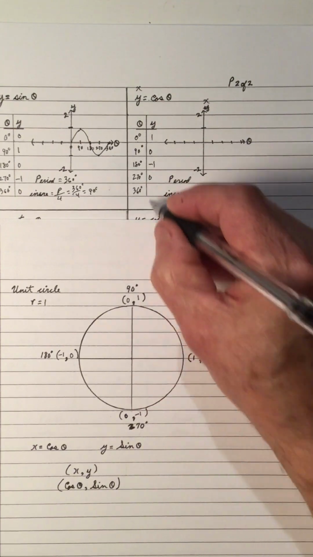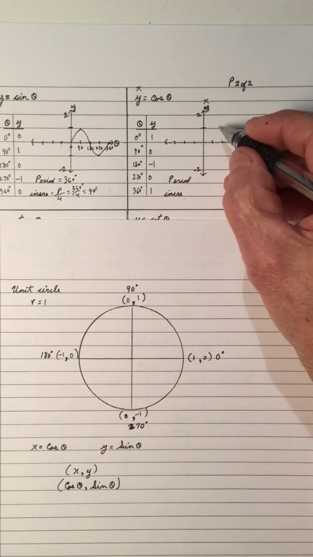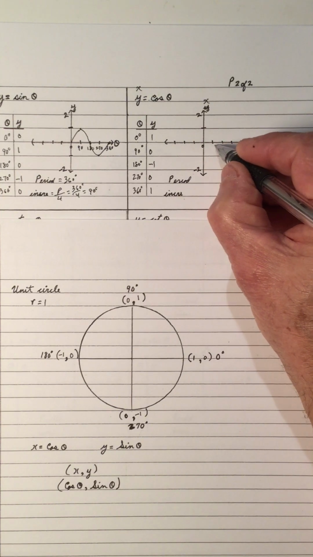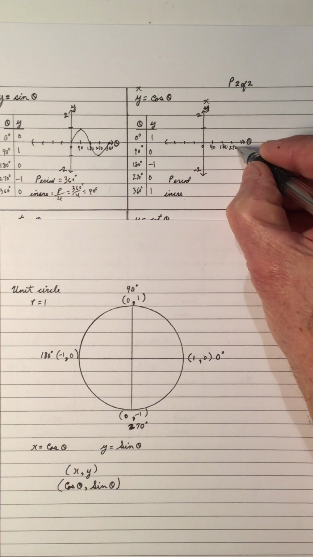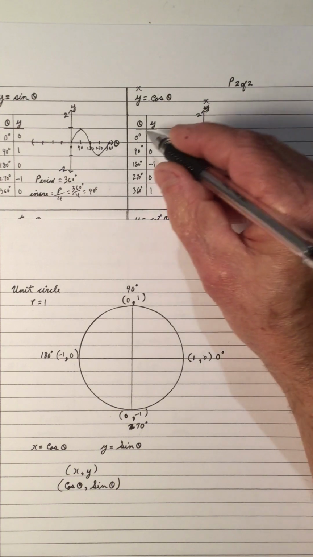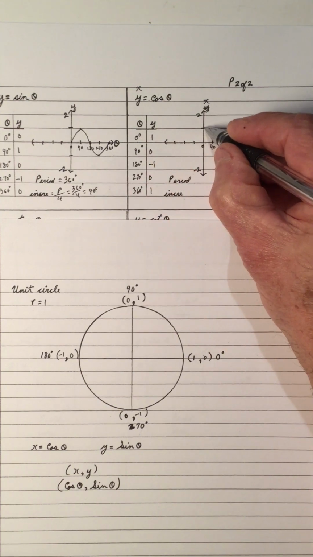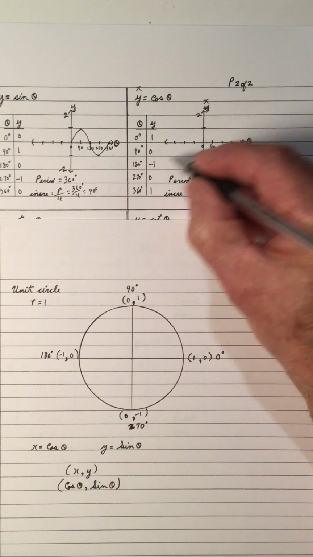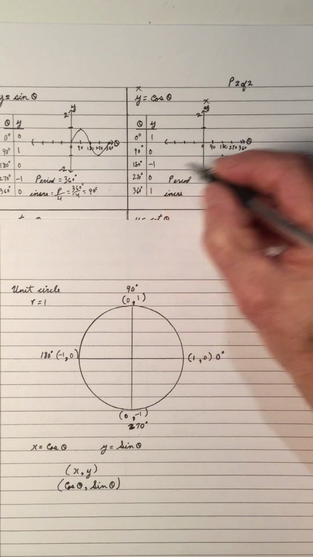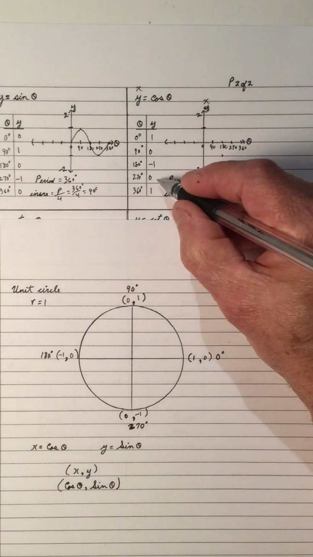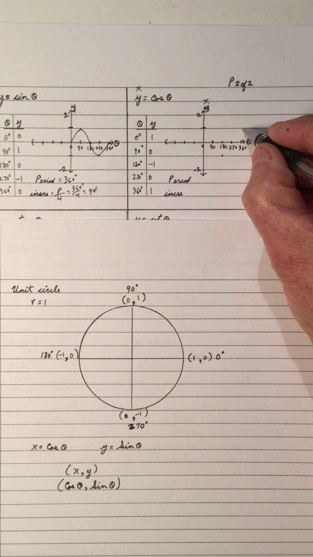And back to 360 we have a 1. So this is again 0, 90, 180, 270, 360. 0 gives you 1. 90 gives you 0. 180 gives you negative 1. 270 gives you 0. And 360 gives you 1.